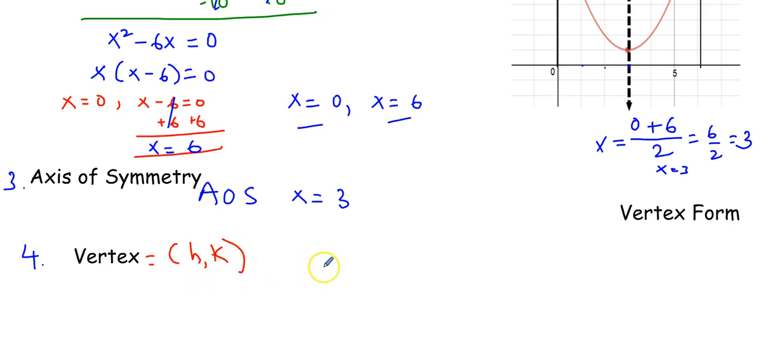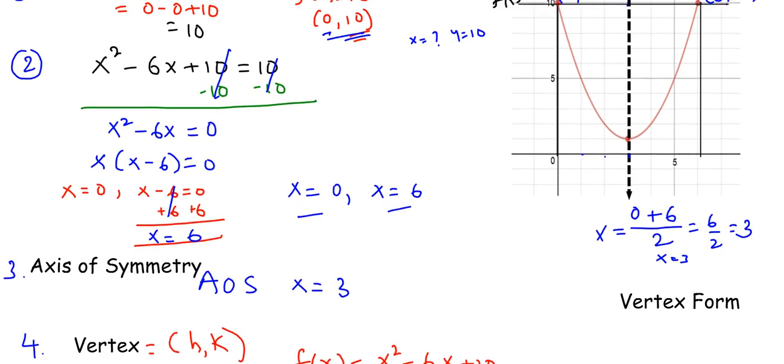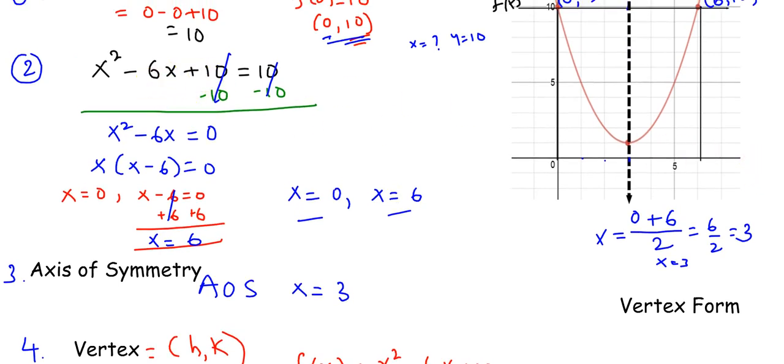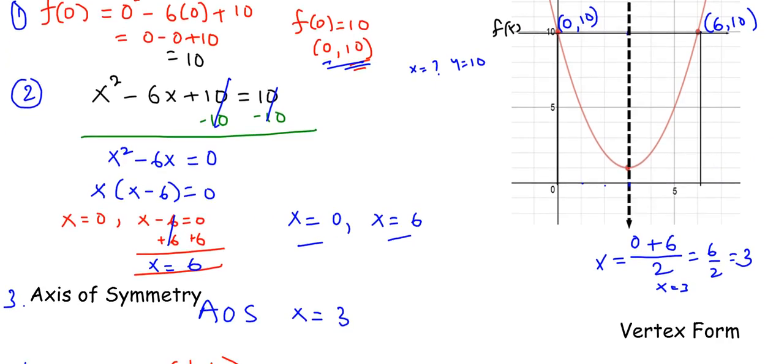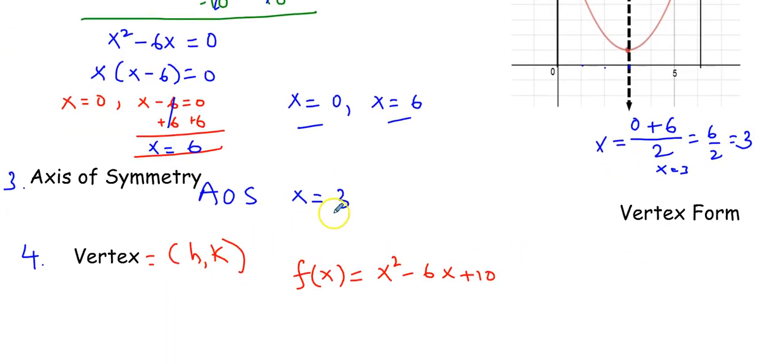So in order to find that k, go back to that function f of x is equal to x square minus 6x plus 10. In this function x square minus 6x plus 10, we are going to substitute 3 for x. You have x is equal to 3.